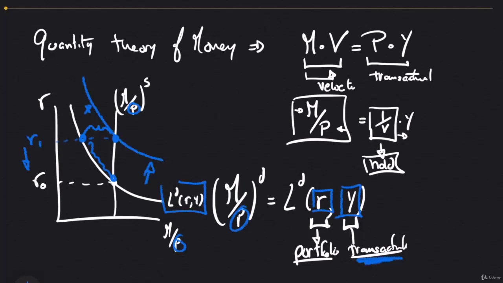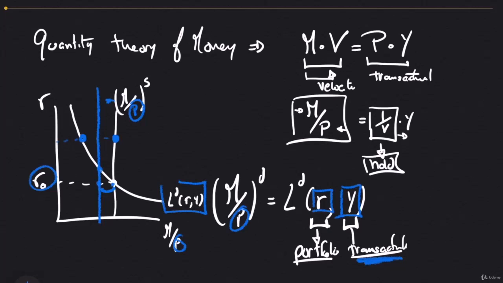In terms of this graph, if my P goes up, price levels go up, well, real money supply will fall. And I'm back to a similar scenario that if interest rates stay at R0, there's going to be an excess over here. What is it?